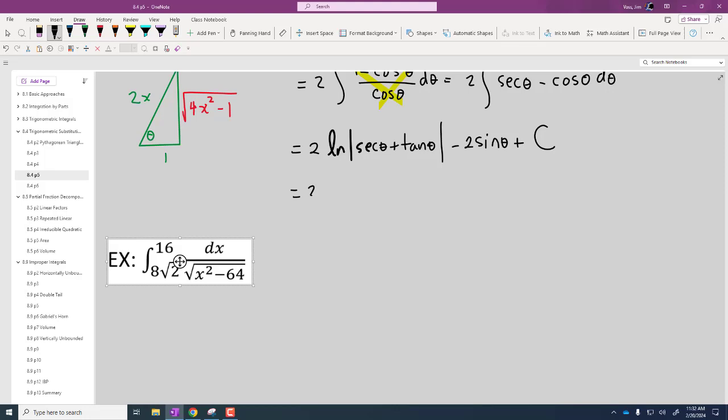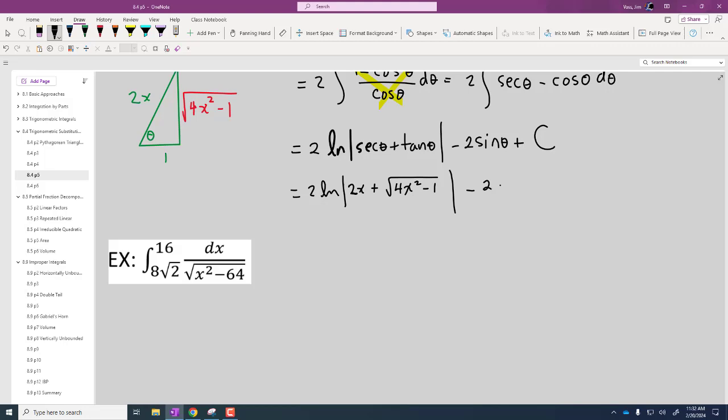So we're going to have 2 natural log absolute value 2x plus tangent, square root of 4x squared minus 1, minus 2 times sine.